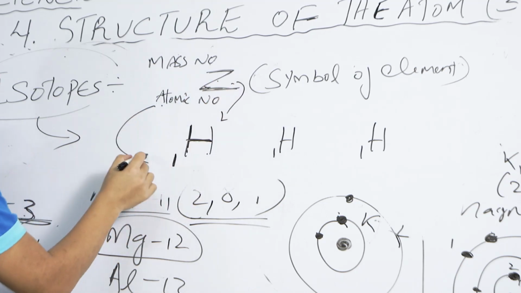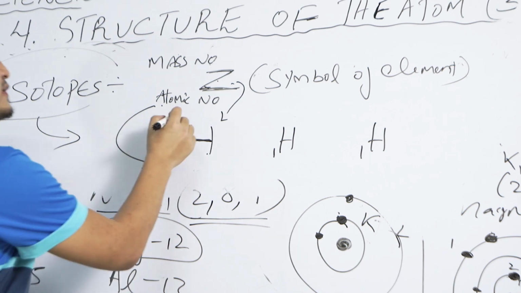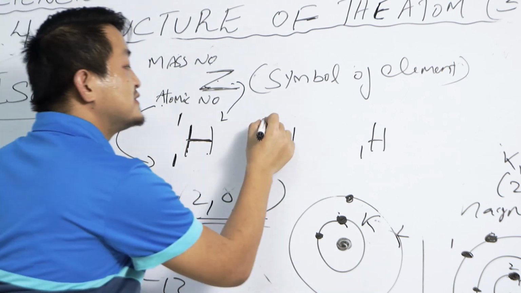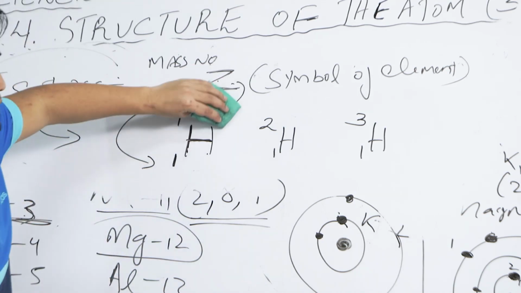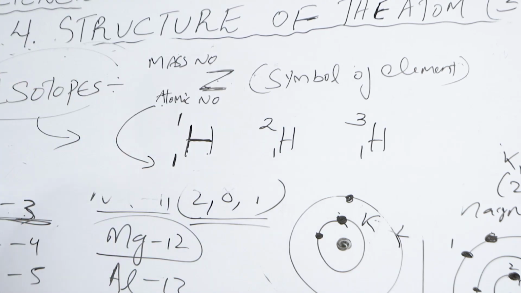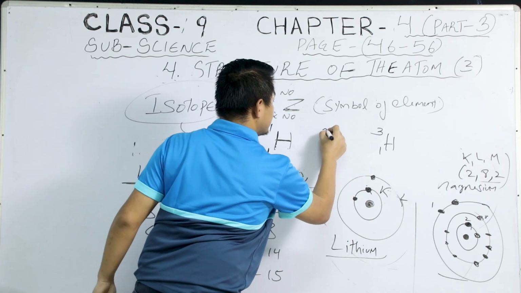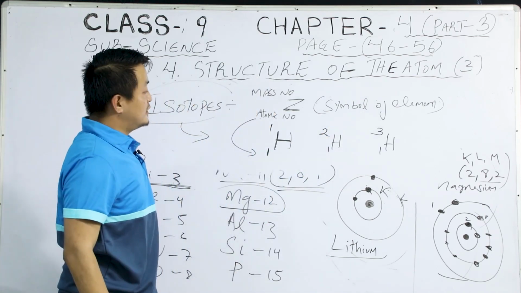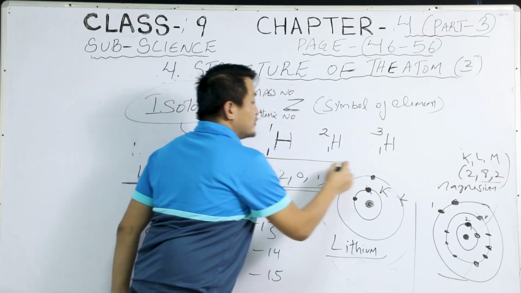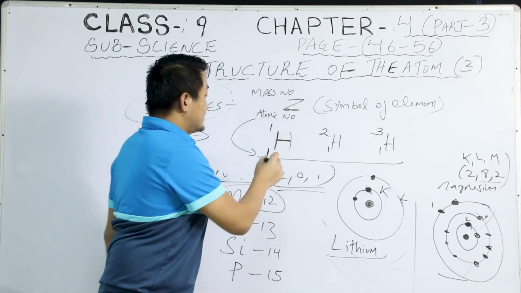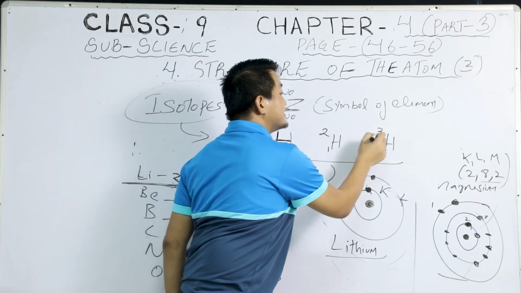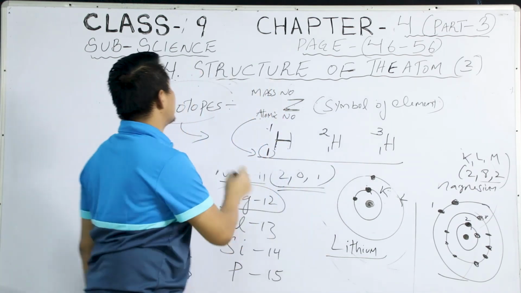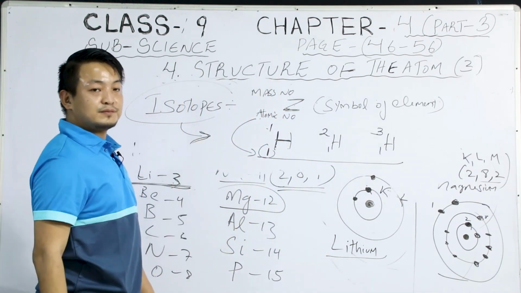Now this is the atomic number, but this is the mass number, this is another mass number, this is another mass number. Protium, deuterium, tritium. Clear? So see, we have the same element, the atomic number is same, but the mass number is different. So that is an example of isotope.